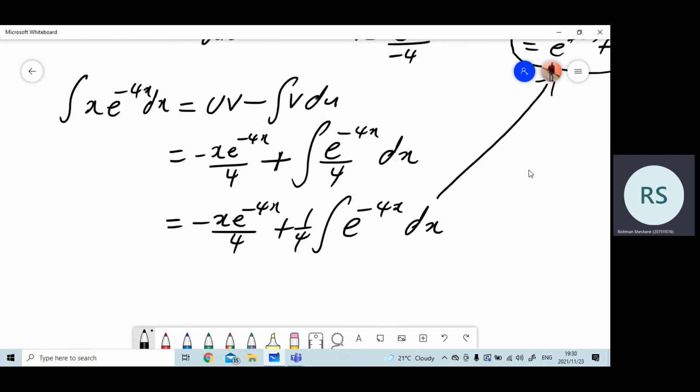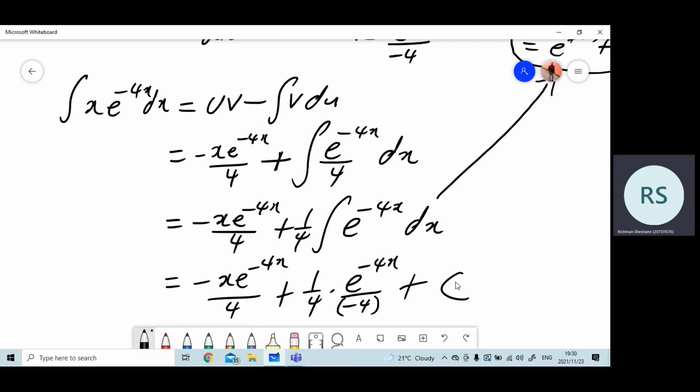So the integral will be, okay, let's return the first term over 4. And here 1 over 4. Integral of this is e to the minus 4x over minus 4 plus c.